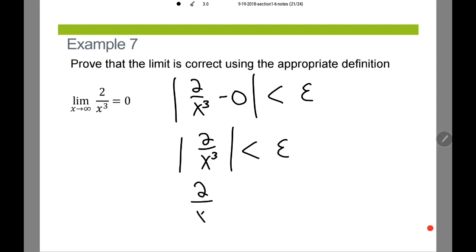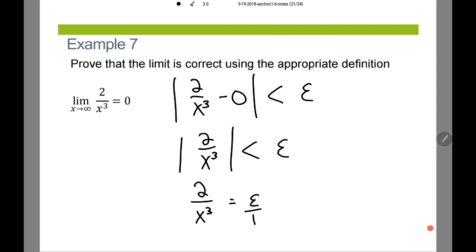So we're pretty much going to be solving this. So 2 over x cubed. If we can set that equal to each other and solve this for x, we can find the m value that we have to be bigger than.